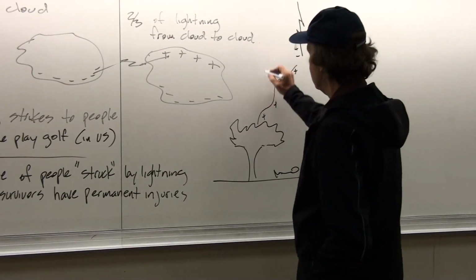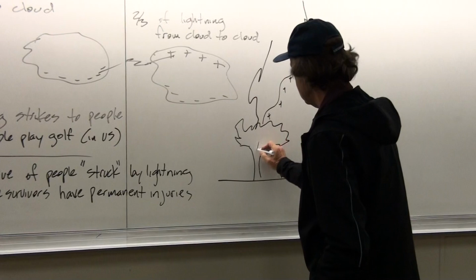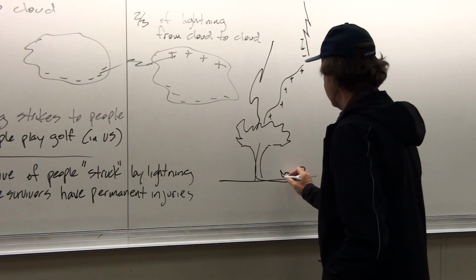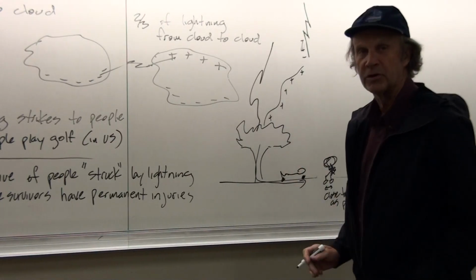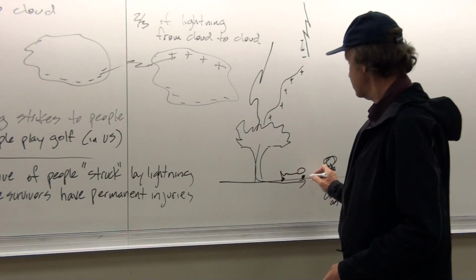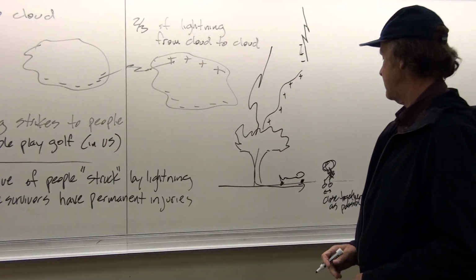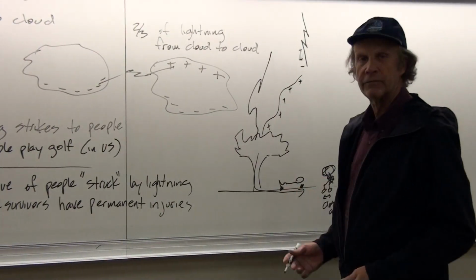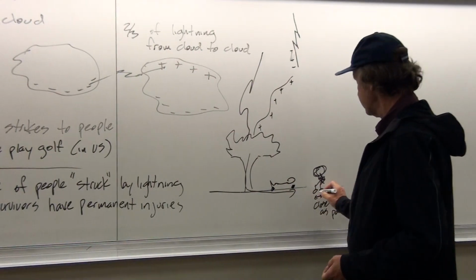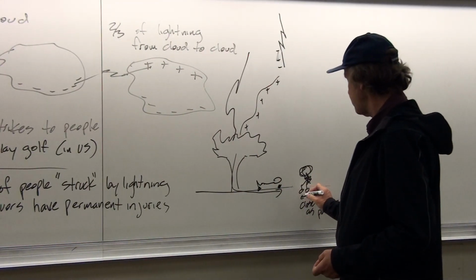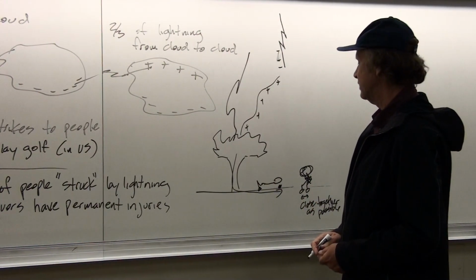But if the lightning were to, say, strike this tree, then the charge can flow out this way, and over the length of your body, there's a larger potential difference, which can be associated with more current flow through your body. So you don't want to lay out flat. You want to have as little contact with the ground as possible and keep your feet close together.